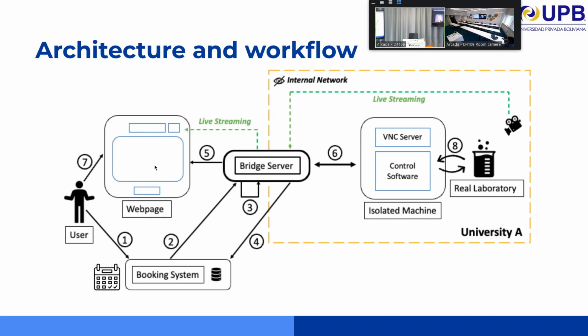And as I mentioned, the password is handled internally. So once the student interacts with the web page and with the remote desktop session, it connects in a transparent manner with the machine. And now the student can control the control software and interact with the real laboratory. This is the main workflow overall.